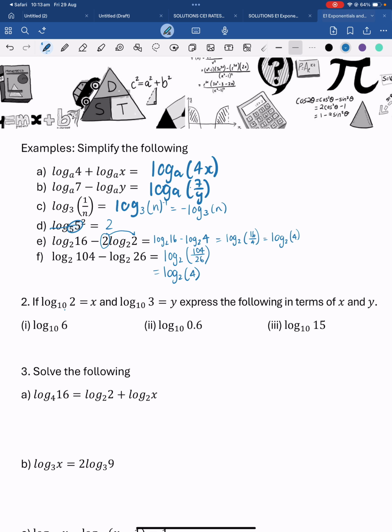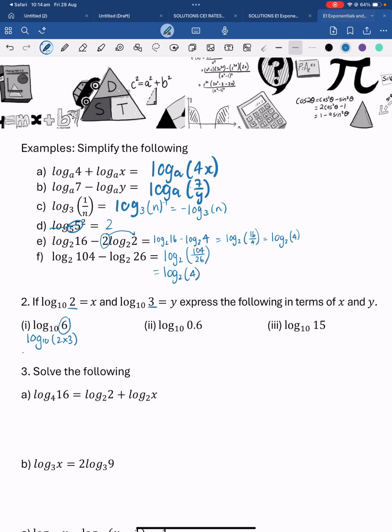It says, okay, if log 10 of 2 is x and log 10 of 3 is y, express the following in terms of x and y. It's always going to be manipulation of this number to get it with the 2 and the 3. I know that log 10 of 6 could be written as log 10 of 2 times 3. That gives me 6. Now I work backwards.